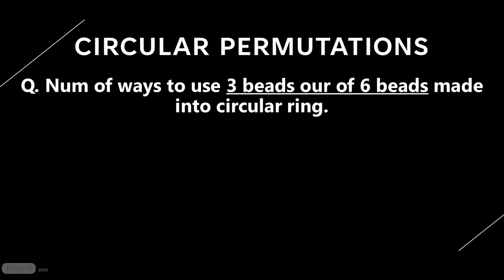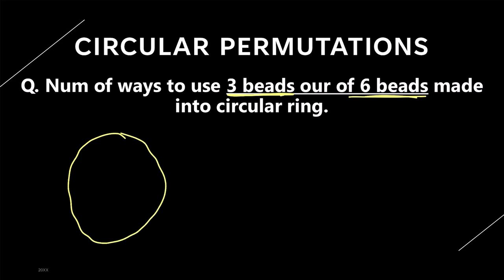Now, let's take 2 examples and that will complete our circular permutation as well. The number of ways of choosing 3 beads out of 6 beads. So there's a ring and there are 3 beads, 1, 2 and 3. n is equal to 6 and r is 3.